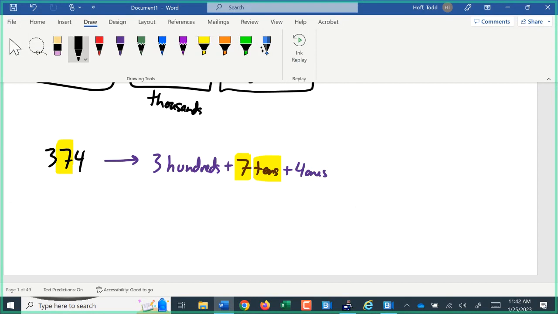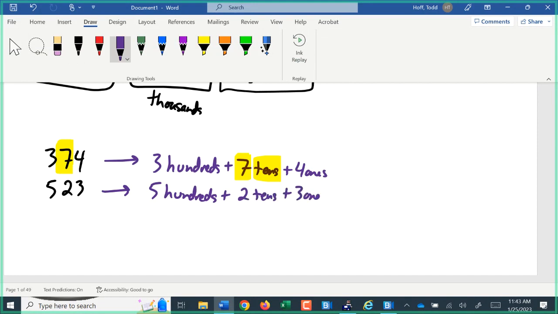And so now when we go to add numbers, if I try to add 523 to that, if I put that out in that full form, or what some schools call expanded form, that would be 5 hundreds, 2 tens, and 3 ones. And if you recall from Monday, when we add or subtract numbers, we can only combine things with the same name.